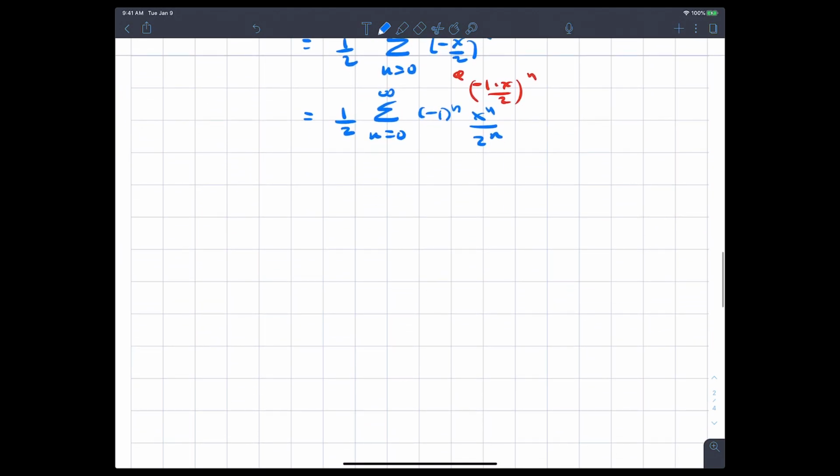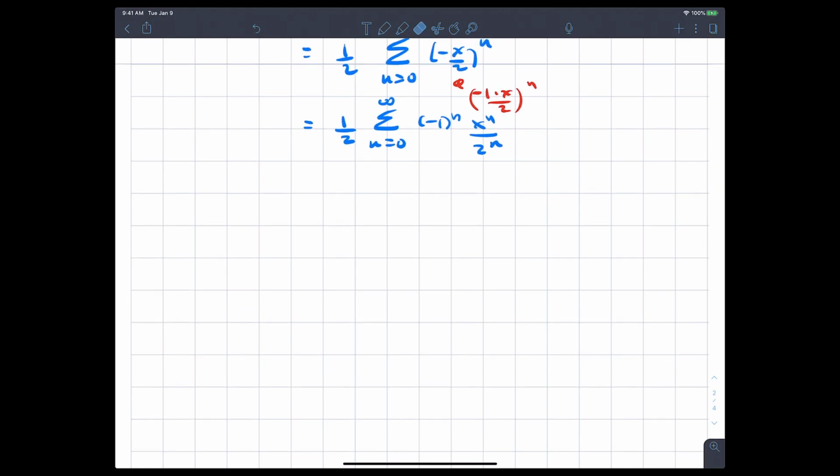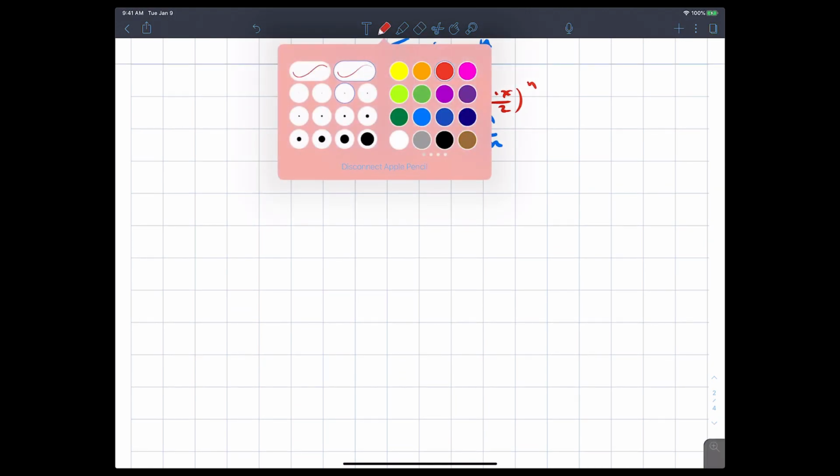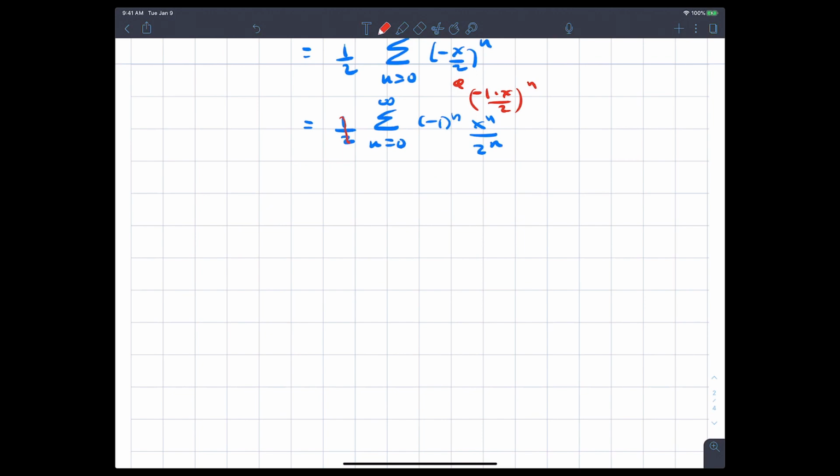Now, remember, for properties of summation here, we have a constant times a sum. So what that means is I can put my constant inside the summation. So this is 1/2 times -1 to the n, x to the n over 2 to the n.